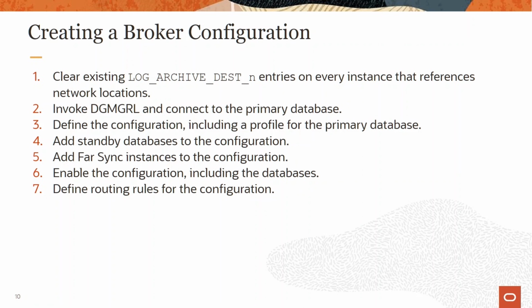To do so, you will have to access the Data Guard Broker command line interface, and then register the primary database as the first member in the Data Guard Broker configuration. Then you add the standby database, and then you add the far sync instance. Finally, you enable the configuration including databases, and you will also have to define the redo transfer service, so where to transfer redo.